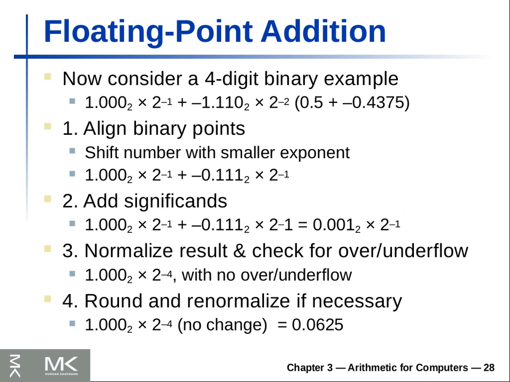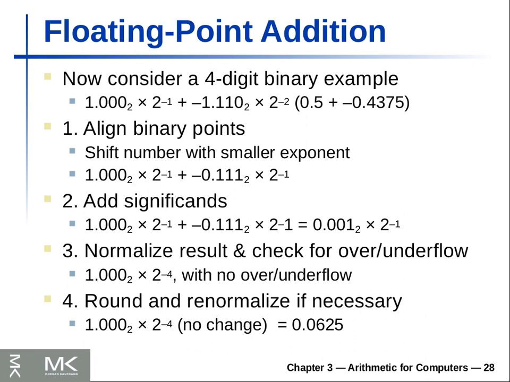Significands. So we're going to add these two things, and this is binary addition. So notice when you add them, we get that. Oh, because we have a negative sign. So that whole two's complement, 0.001. Now we need to normalize.